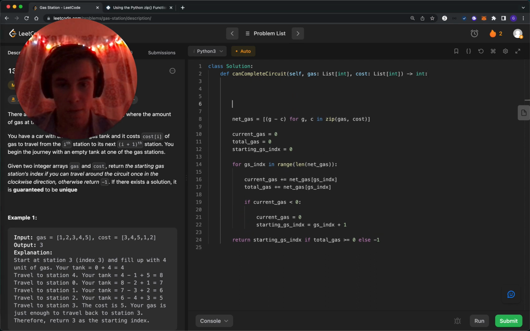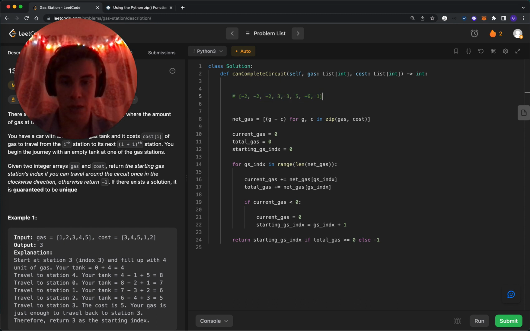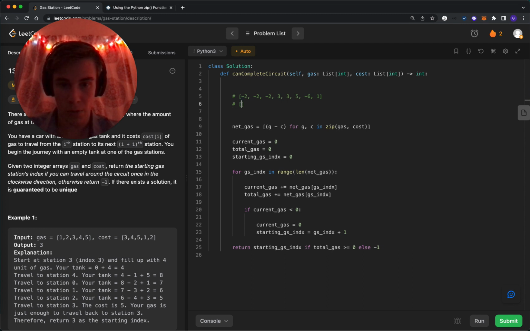So if we dumb this down to something like this, where we have a bunch of negatives, let's say, even the first example. Let's define this with 6, 1. Let's look at the runways.